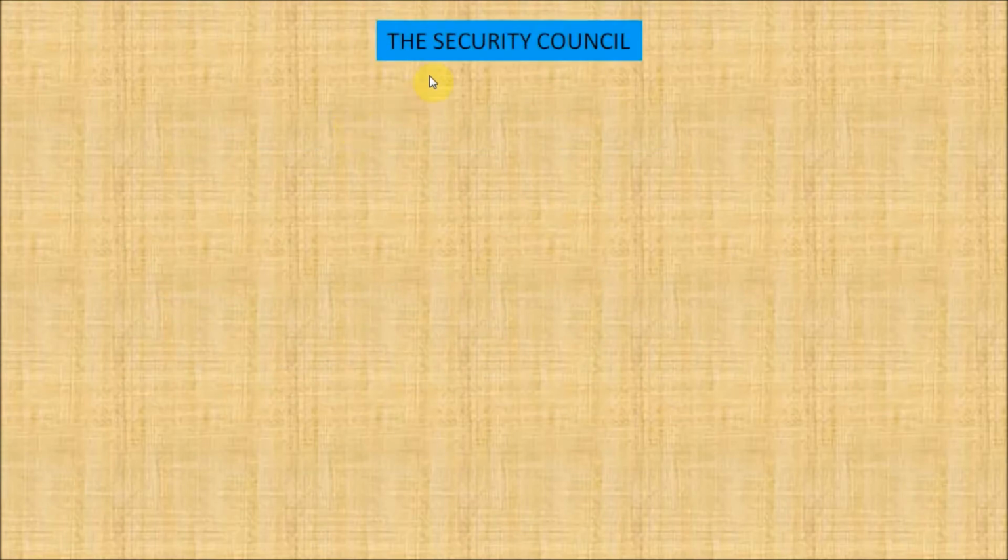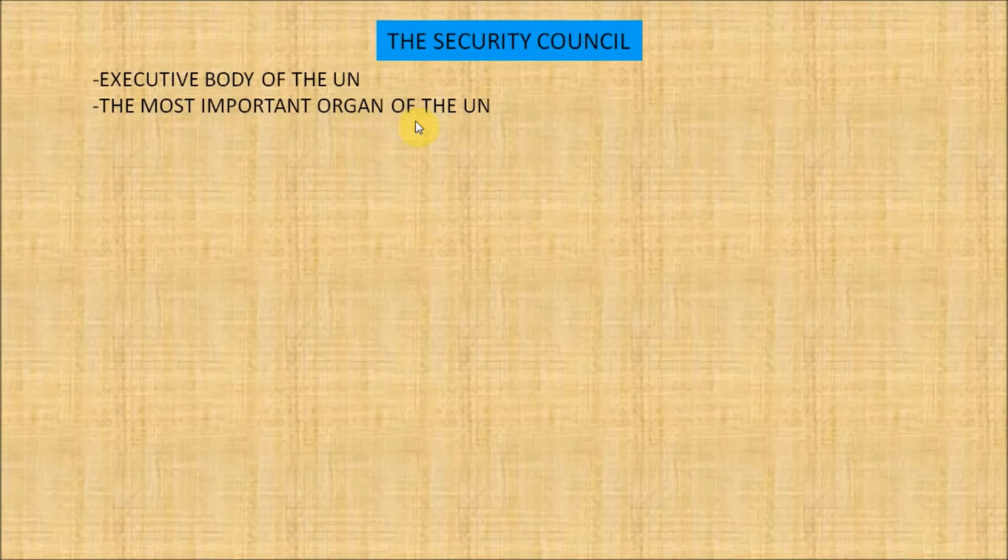Now let's see the second body of the United Nations, that is the Security Council. The Security Council is the executive body of the United Nations. It is the most important organ of the United Nations.